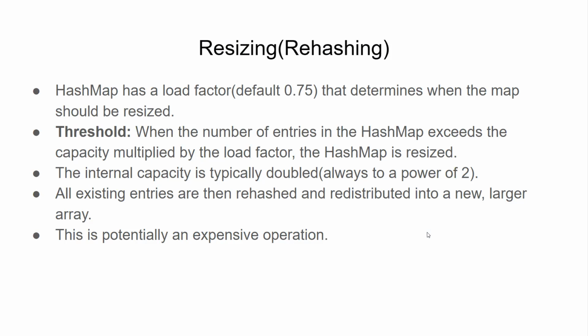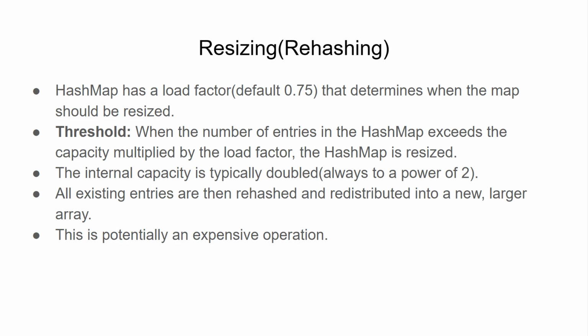Okay, rehashing. The hash map has a load factor that determines when the map should be resized, and when the number of entries in the hash map exceeds the capacity multiplied by the load factor, the hash map will be resized. Okay, and the internal capacity is doubled.